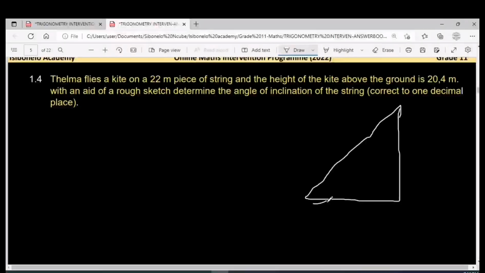So this is the ground, and this is Thelma, standing at this position. She holds the string of the kite going up. The length of the string is 22, so this is 22. The hypotenuse is the longest side, since we have 22 and 20.4.